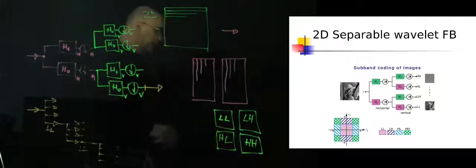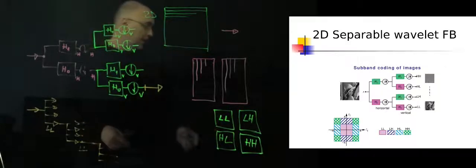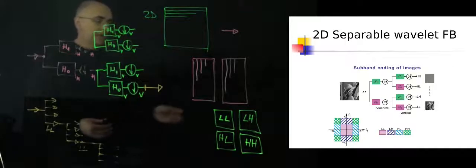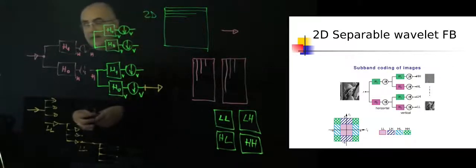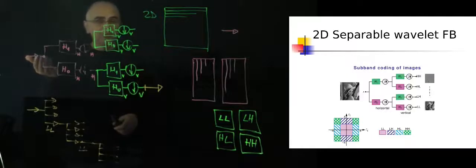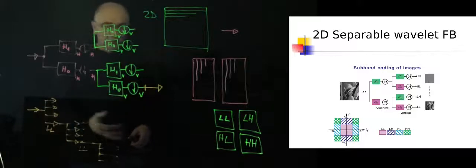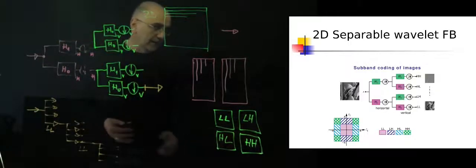So if we just illustrate it again, we can see that in the first level of decomposition, the original image is split into 4 sub-images. Low pass is on the bottom right, so it's a kind of approximation, an image which is very similar to the original one but in lower resolution, and our decomposition goes on. The rest are called details or wavelet coefficients. Now we have 3 groups of wavelet coefficients: high, low, and high-low.